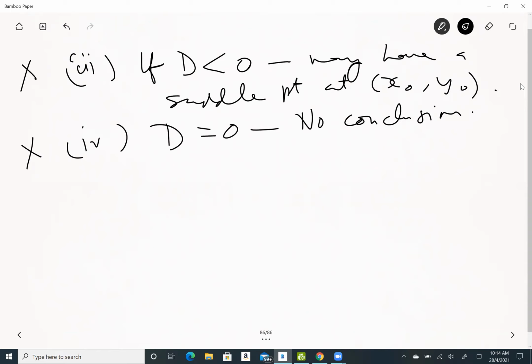If your D is less than 0, then you say you have a saddle point, that's it. And if the D is equal to 0, again, we cannot say anything. So the one that is most relevant is the case where the value of D at the critical point is positive.